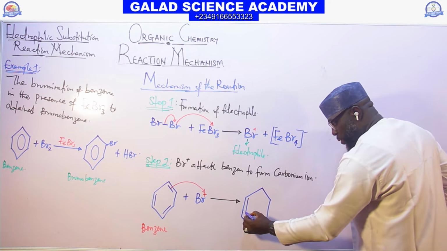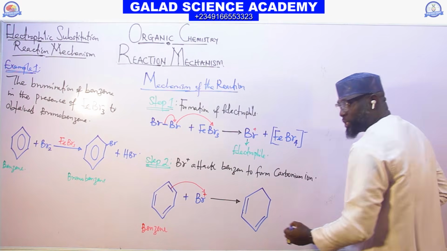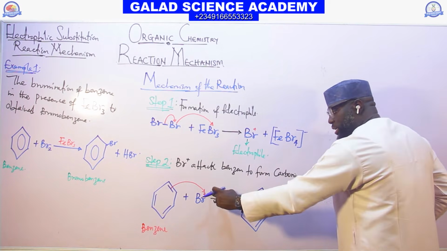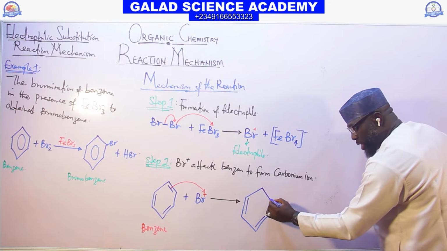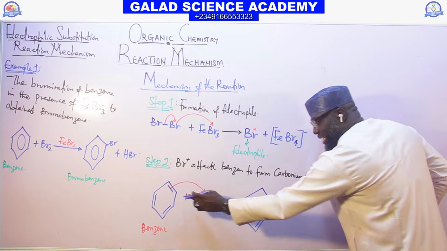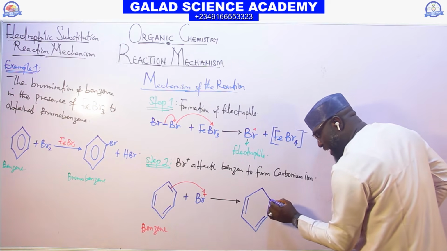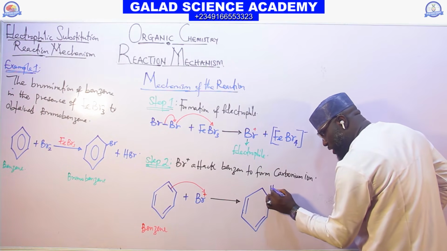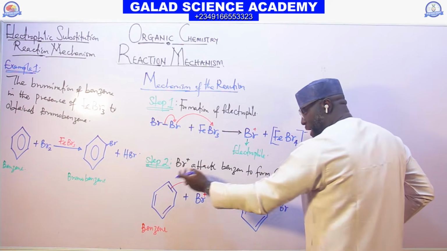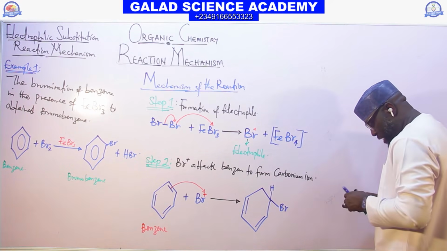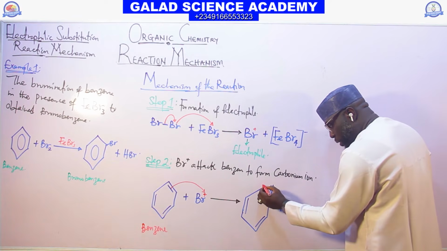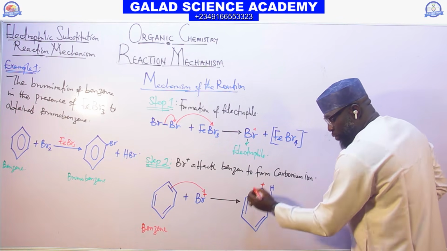This is a double bond, but this bond is already attached to the bromine. We have it in this form, with bromine attached to it, and originally we have hydrogen here. As a result of losing this pi electron, the benzene will have a positive ion here.